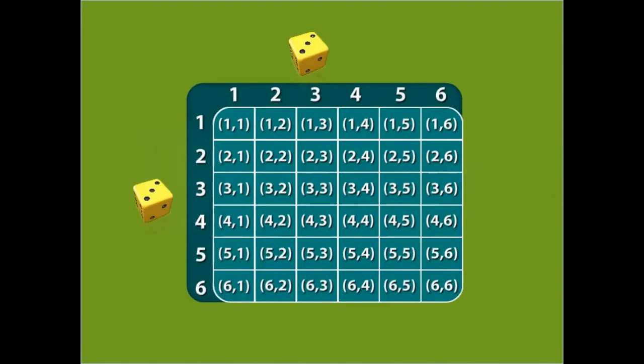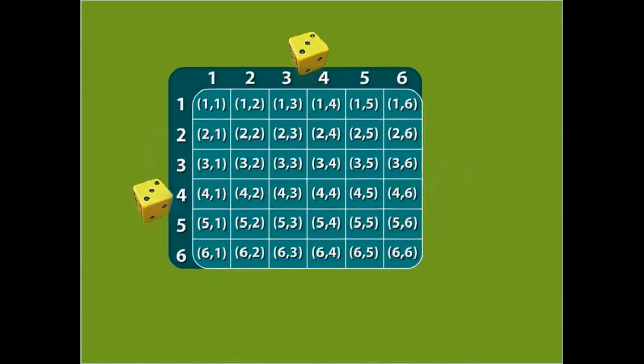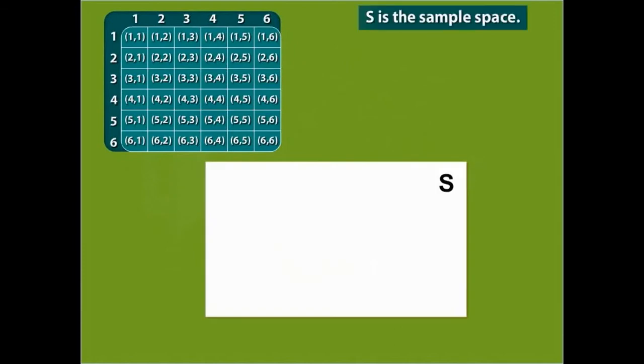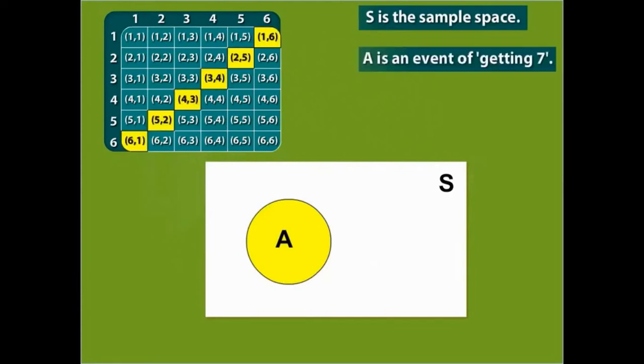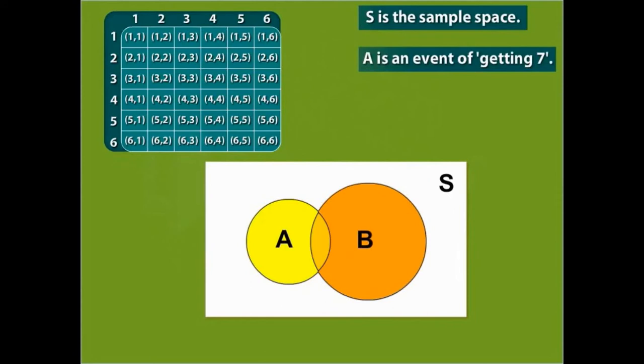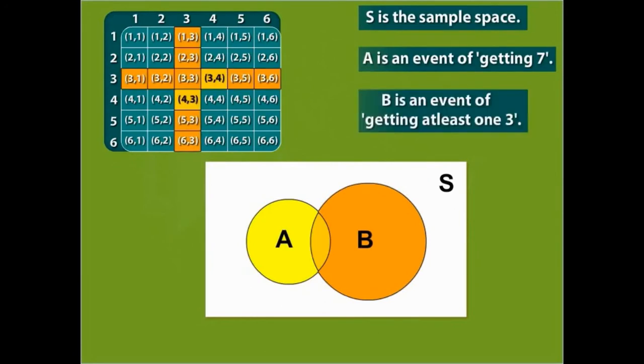If we represent the situation using Venn diagram, the sample space of an experiment of rolling 2 dice becomes a universal set. The set A represents the event of getting 7 and set B represents the event of getting at least 1 3.